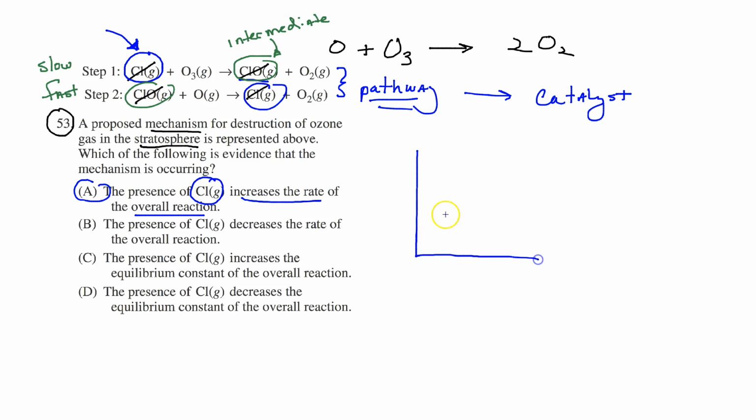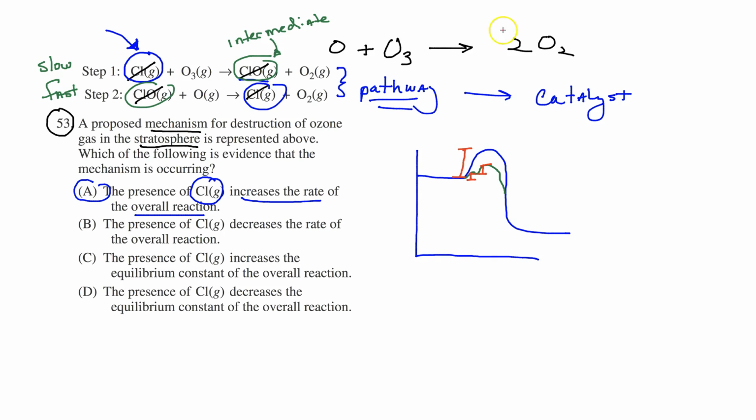That's what catalysts do. And why does it do that? Well, if you had a potential energy diagram, and I don't know if this is exothermic or endothermic, but let's just assume it's exothermic. If you've got a catalyst, it's going to create these two-step elementary steps that collectively have lower activation energy than the activation energy without the catalyst.